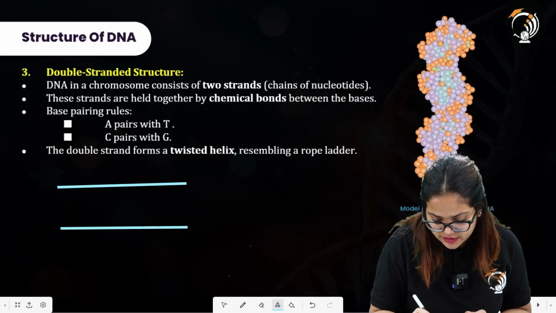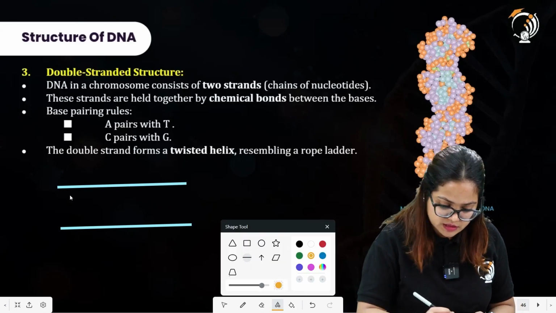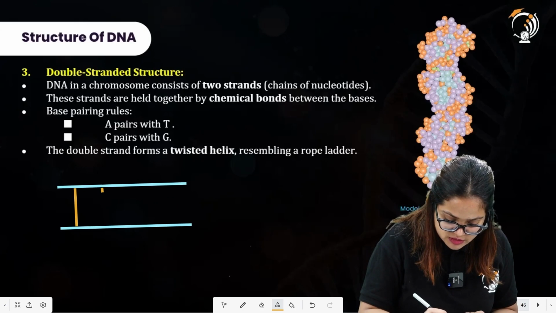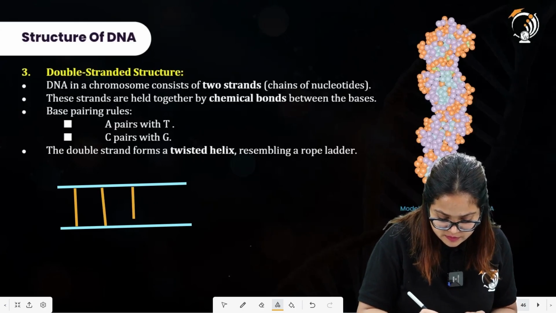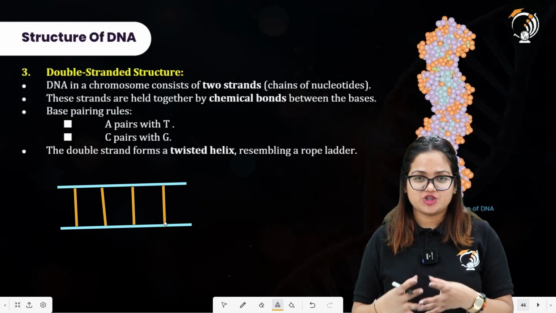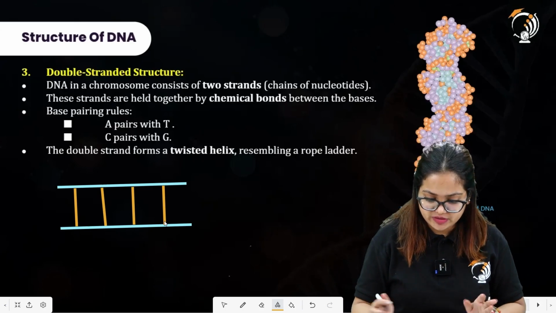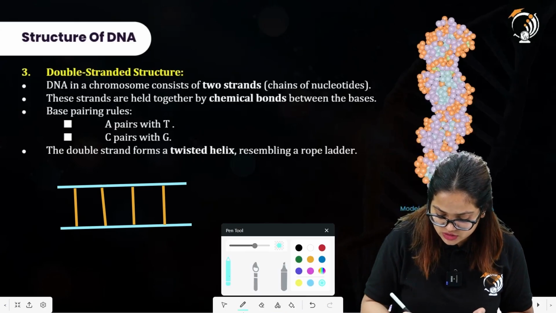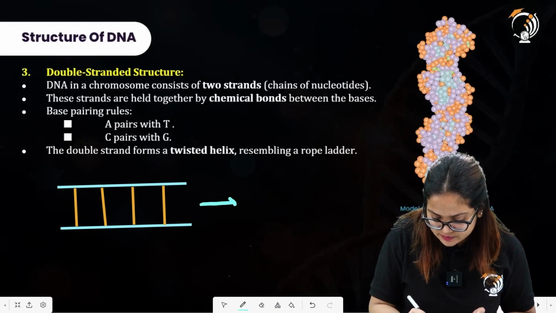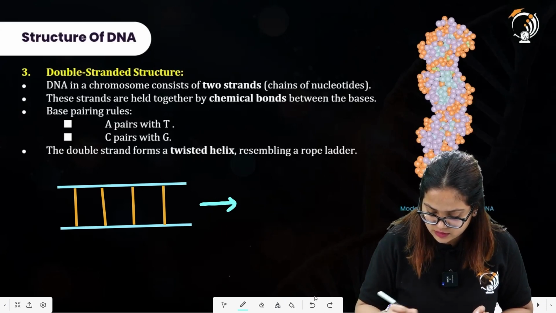This is the other strand of DNA linked by hydrogen bonds. It is basically giving us a representation of a ladder. Now we have to twist this ladder. So you will obtain a structure somewhat like this.